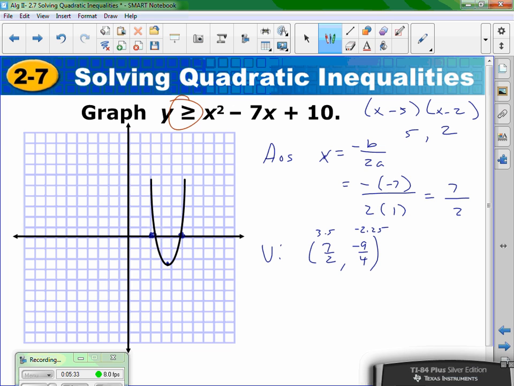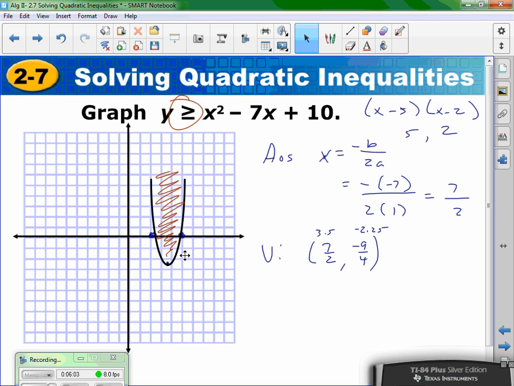Now, greater than or less than, that's what I need to look at. When it's greater than, you shade above the line. So I'm going to shade above the line. If it's less than, you shade below the line. You notice that I'm saying above and below. I know the shading goes inside.